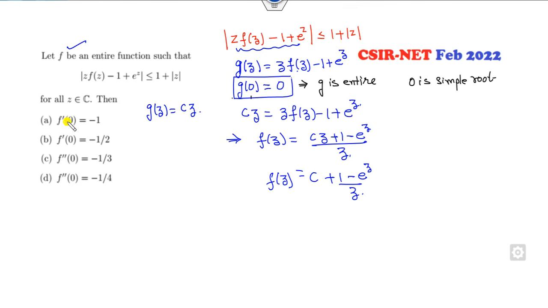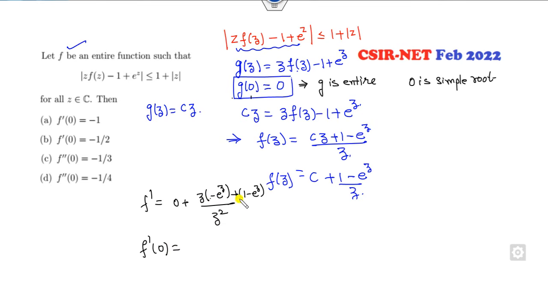Now your target is to find the first derivative and the second derivative. I think that's very easy. I can find the derivative. So what is f dash? c will be 0. It is z square, z times minus of this, and 1 minus e raised to power z. So what is f dash of 0?